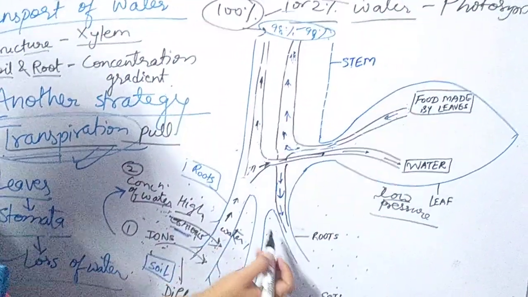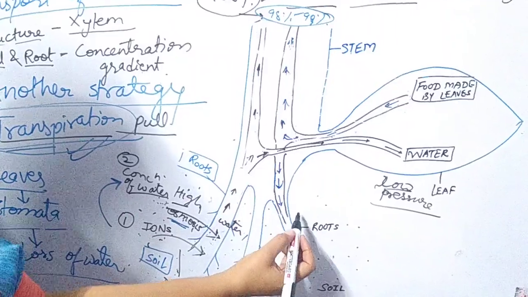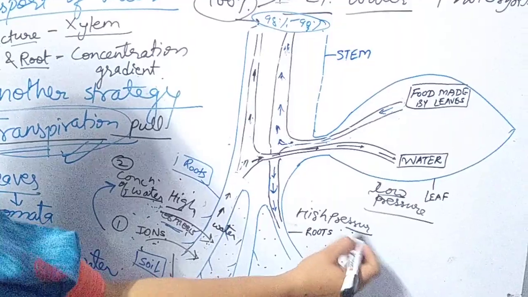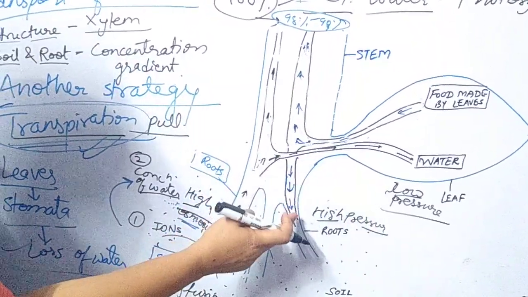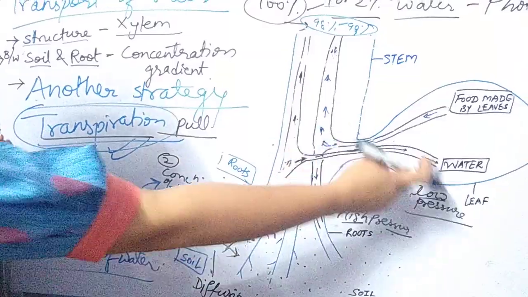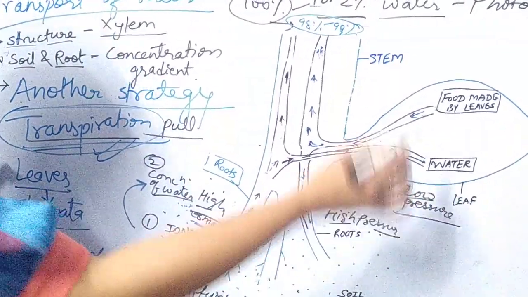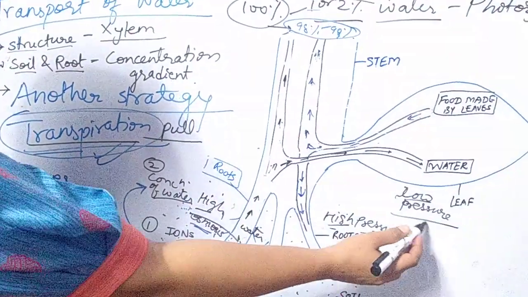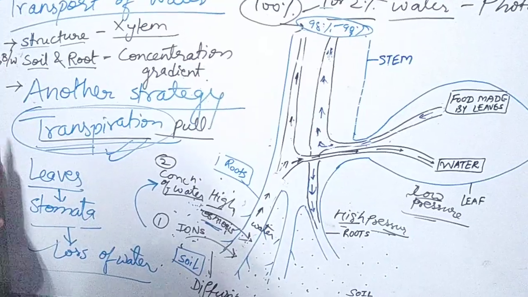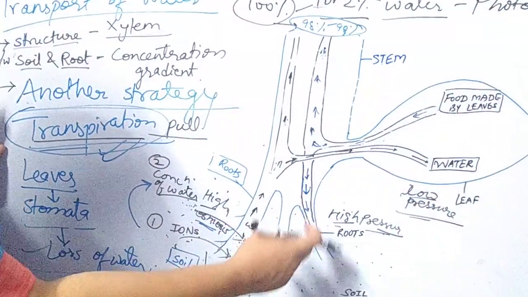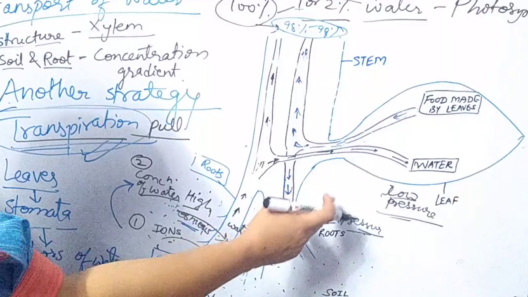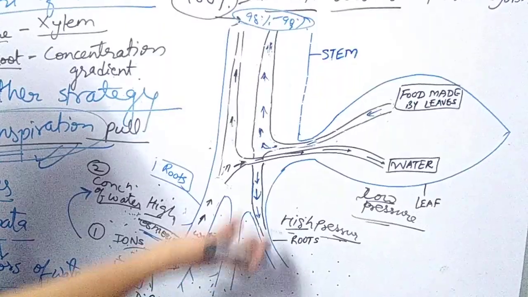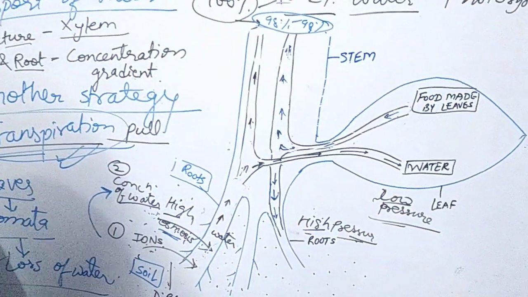Due to this low pressure in the leaf and high pressure in the roots, this pressure difference will suck the water upward from the stem to the leaf, and most of the water is going to be transpired from the surface of the leaf. This transpiration pull and pressure difference is created in the stems so that in the capillary column the water is pushed upward to the leaf.